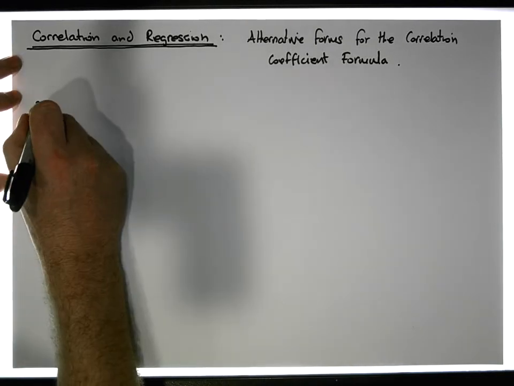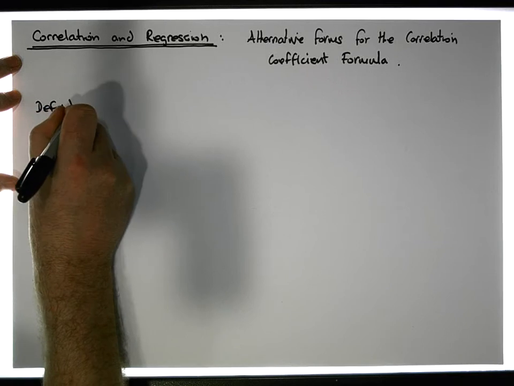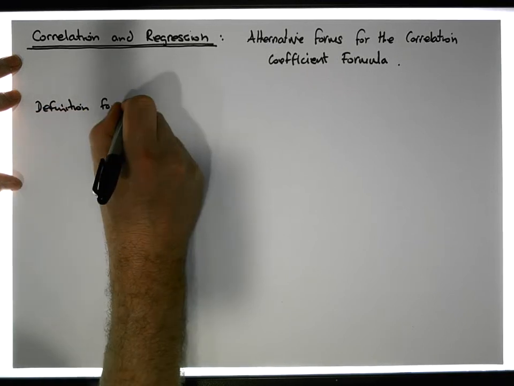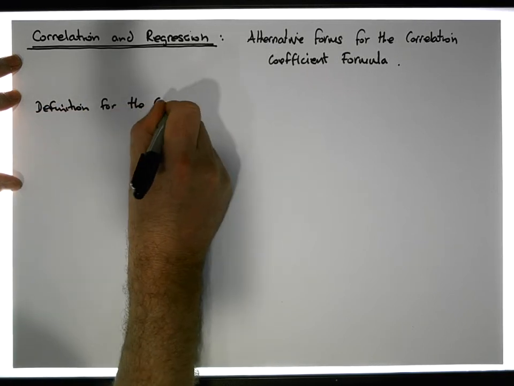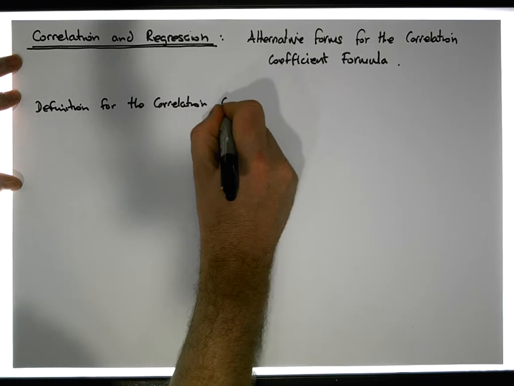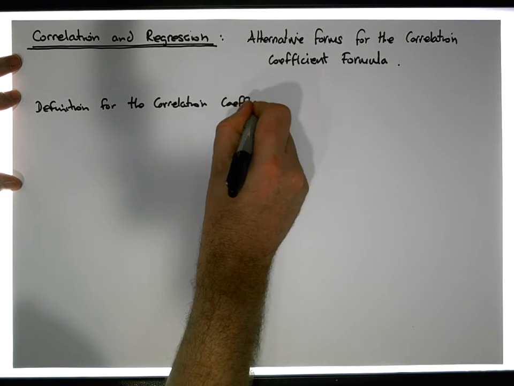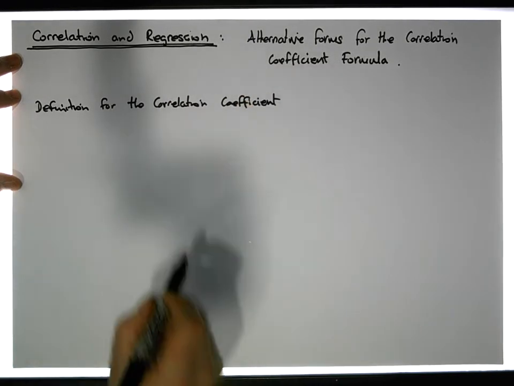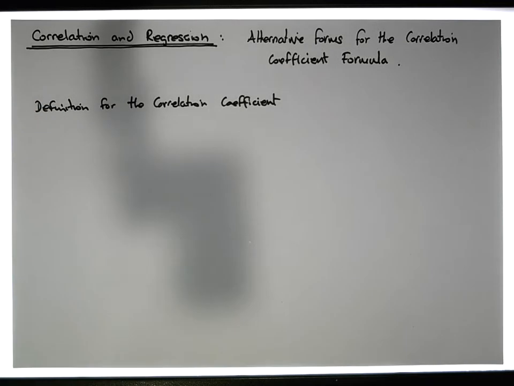We're just going to provide a definition for the correlation coefficient, and I'm not going into any detail here. In the previous video we rationalized the correlation coefficient, developing it from the covariance and looking at its properties.